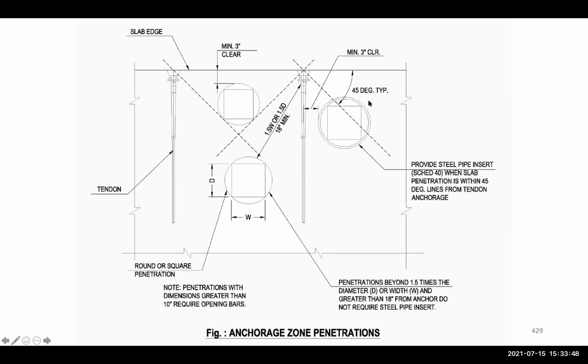So here we have to be careful and then provide whatever steel is needed. Here, for example, a tendon goes through an opening. So provide a steel pipe insert, schedule 40 for the thickness, when slab penetration is within 45-degree lines from a tendon anchorage. So we have to do something here.